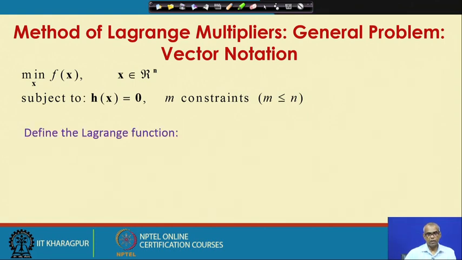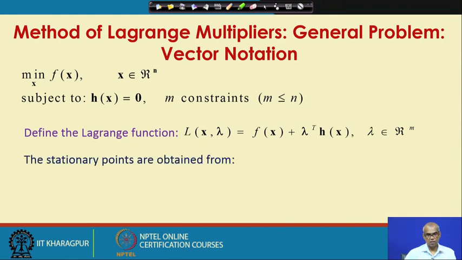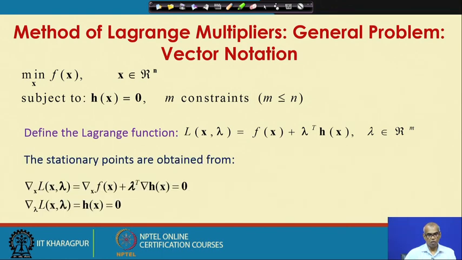So, first we define the Lagrangian function, which is L equal to f(x) plus lambda transpose h(x), and the stationary points are obtained from the gradient of the Lagrangian with respect to x, and the derivative of the Lagrangian with respect to lambda.